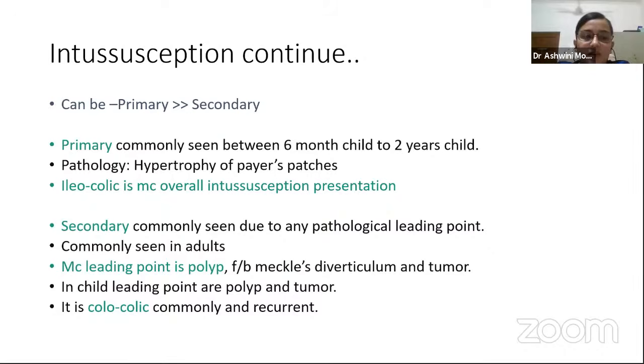Commonly secondary will be seen in adults. The most common leading point is a polyp in adults, followed by Meckel's diverticulum and tumor. In children, the leading point will be a polyp or tumor. Secondary will be colocolic commonly and recurrent. So most common will be ileocolic only, but if secondary, then it will be colocolic.